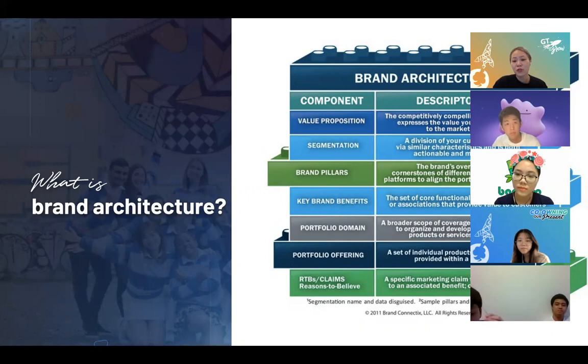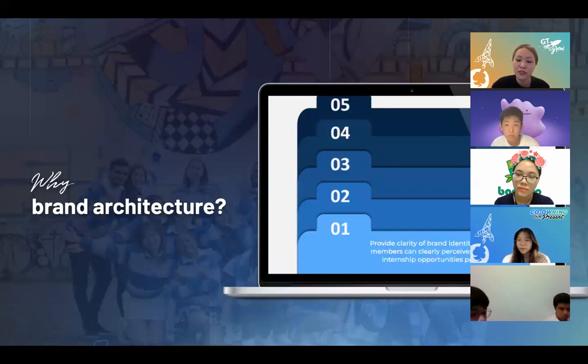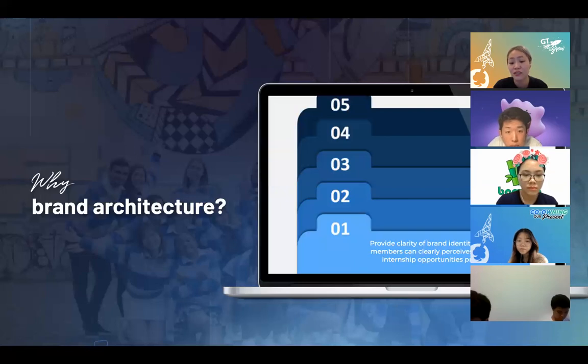But of course, we cannot simply start with everything and try to answer every single thing in our term. So we started with one clear objective: at least in our year, we should be able to provide clarity of brand identities for members to clearly understand the difference between different opportunities.